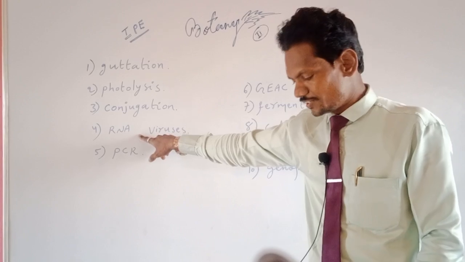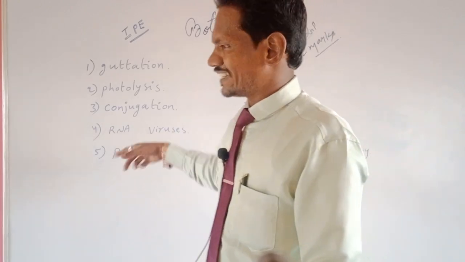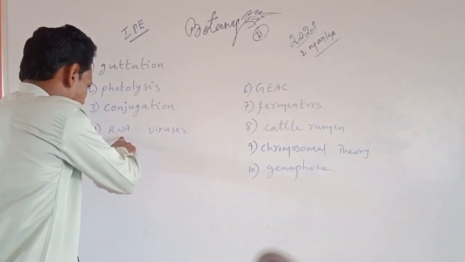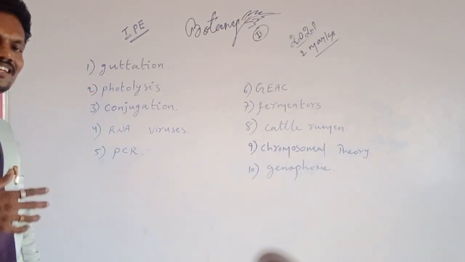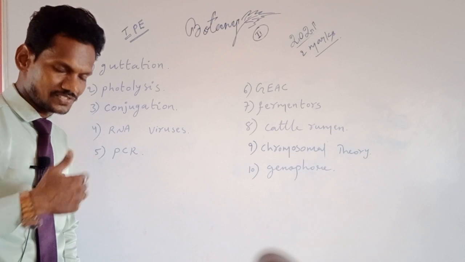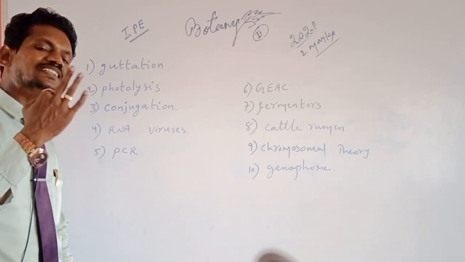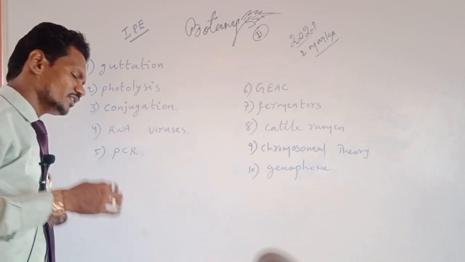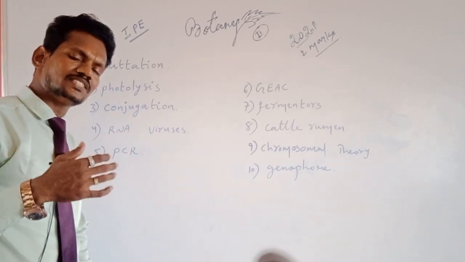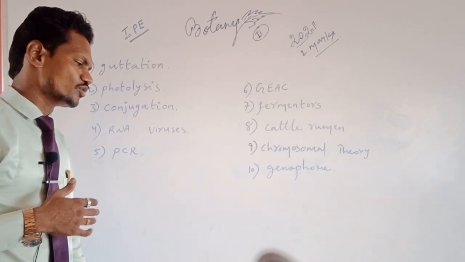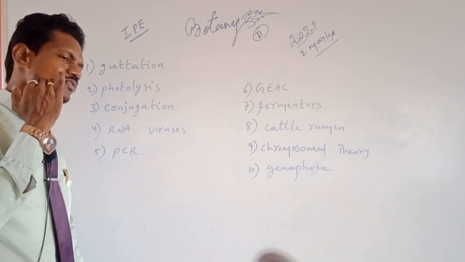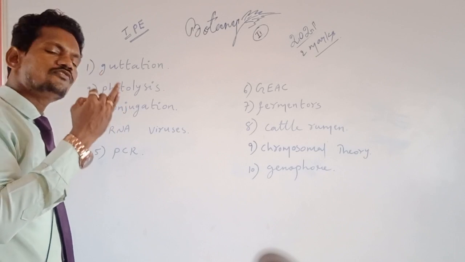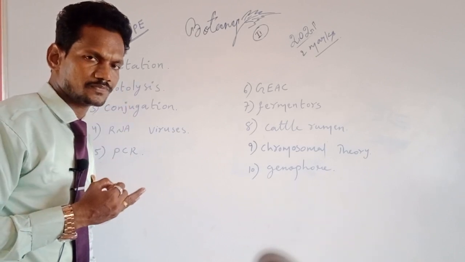The next question is, give the example for viruses with RNA as genetic material. We have 3 types of viruses in which RNA is the genetic material. What are those viruses? Number 1, poliovirus. Number 2, influenza virus.